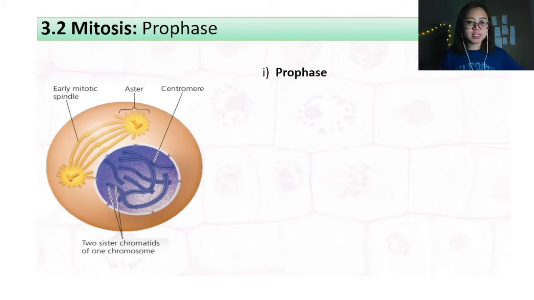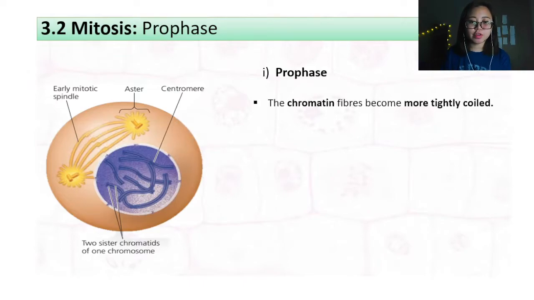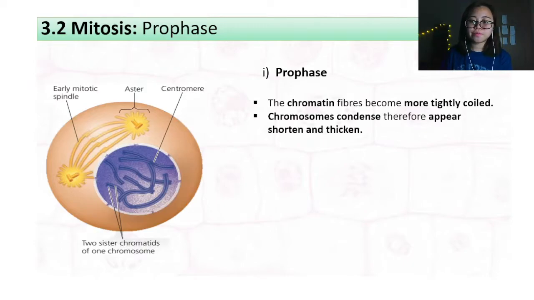stage of mitosis. So, kita start mitosis, kita mula dengan prophase. Mari kita tengok apa yang terjadi dalam prophase. First of all, the chromatin fibers will become more tightly coiled. Okay, DNA kita daripada yang nipis tadi, halus, dia akan jadi bentuk X atau bentuk butterfly.